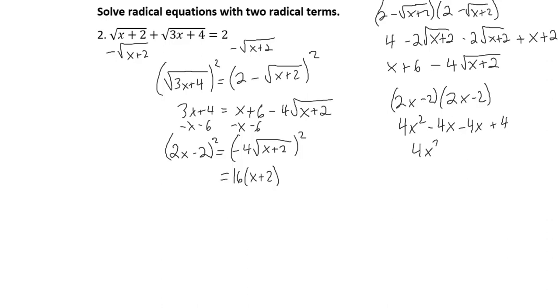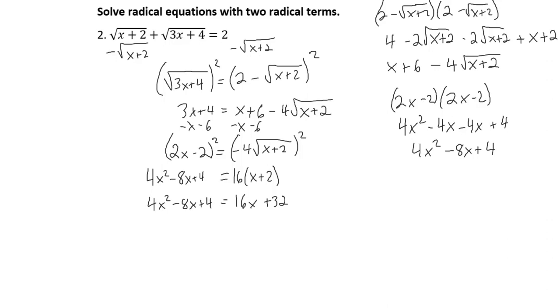And that will give us 4x squared. Middles combined to negative 8x plus 4. And then we write that in over here. 4x squared minus 8x plus 4. Distribute your 16, you get 16x plus 32. Copy down the left side.